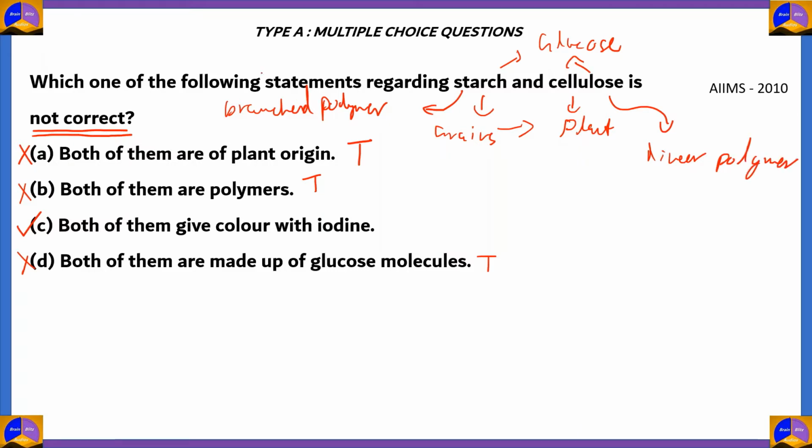Both polymers also have different types of glucose. Starch contains alpha-D glucose, and cellulose contains beta-D glucose. So therefore, we can say that option C is the false statement, which makes it correct.